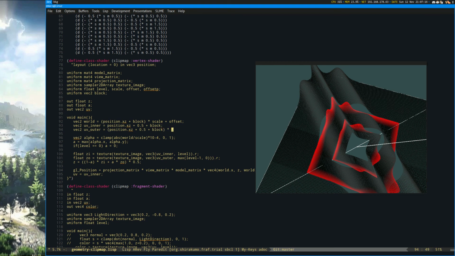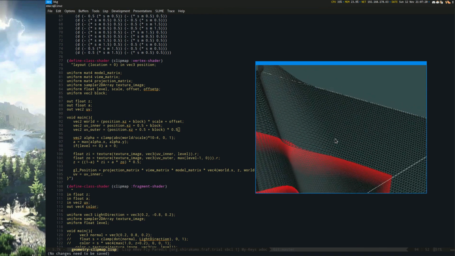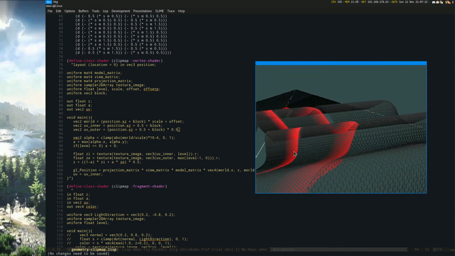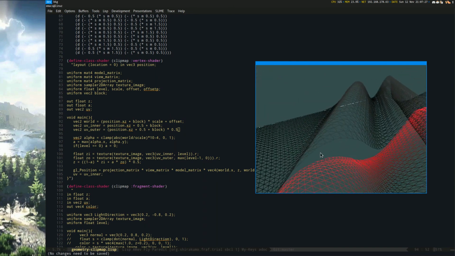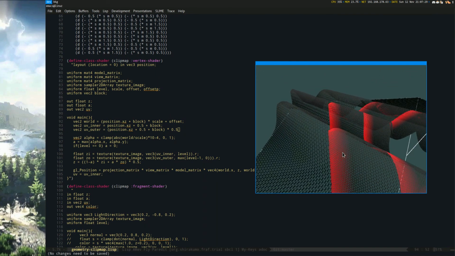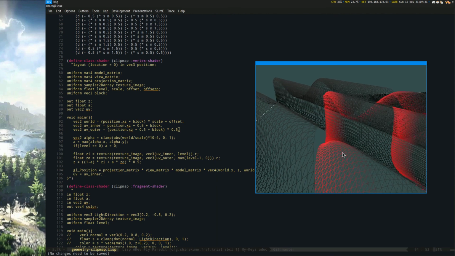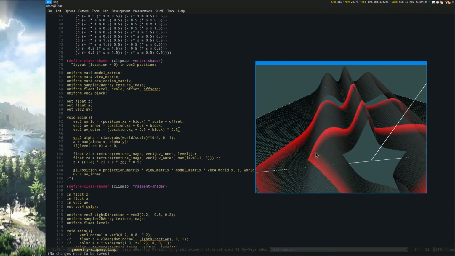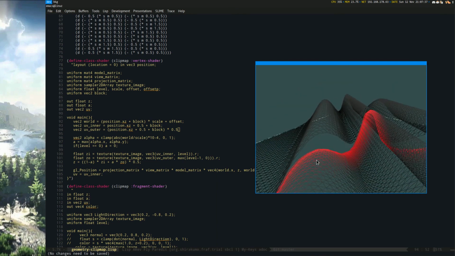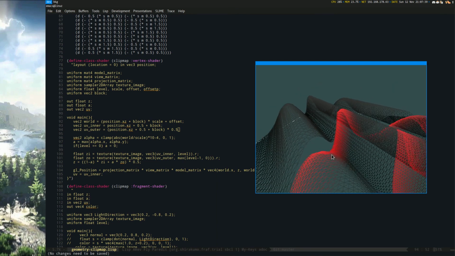Is it like floating point errors or something? That shouldn't be recognizable, not this strongly, surely. Wow, what? This edge fall off.